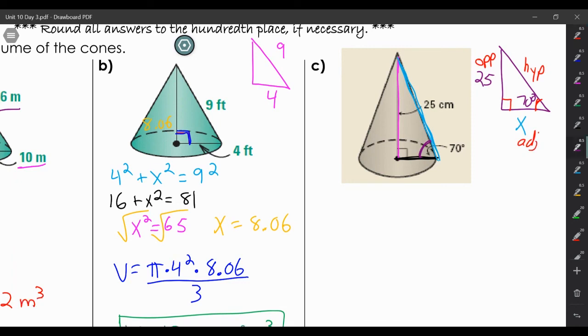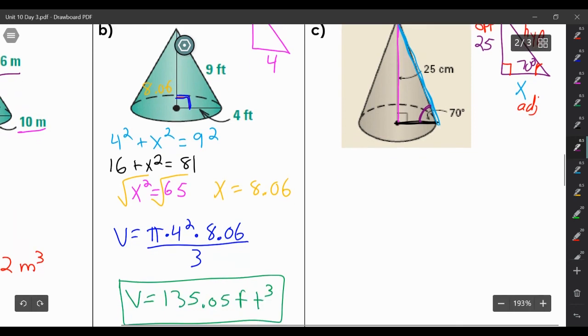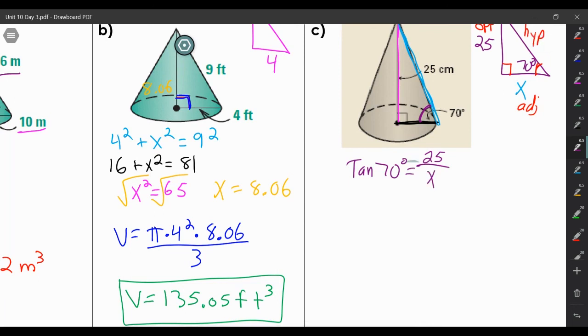Opposite and adjacent is tangent. So what that means is the tangent of 70 degrees equals the opposite side, 25, over the adjacent, which is our radius. And then we have to solve this and get x by itself.